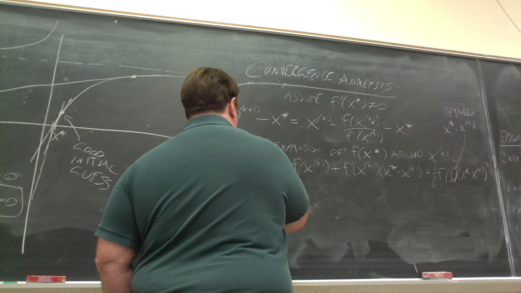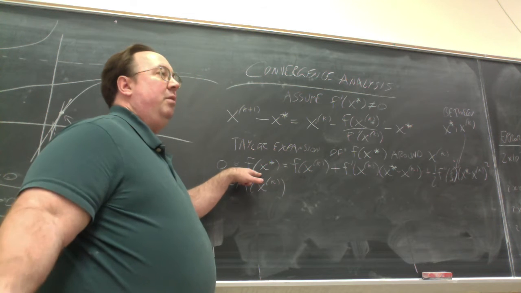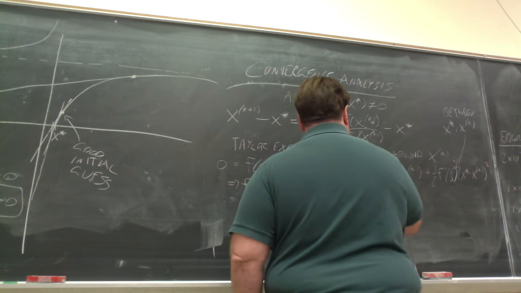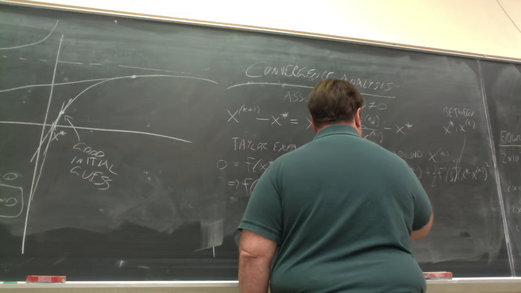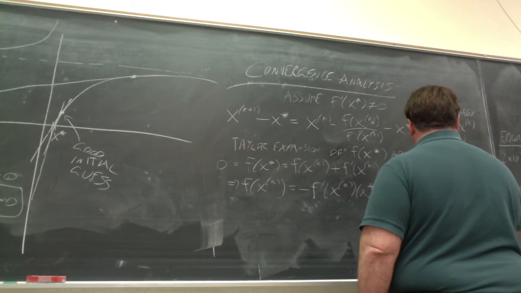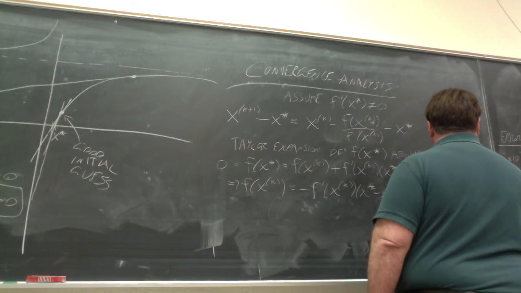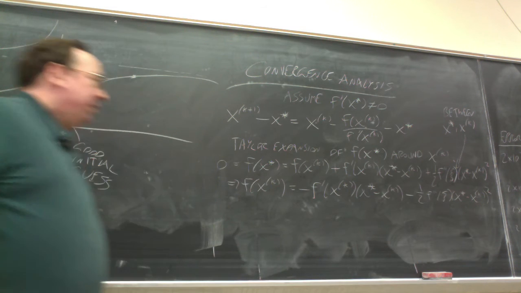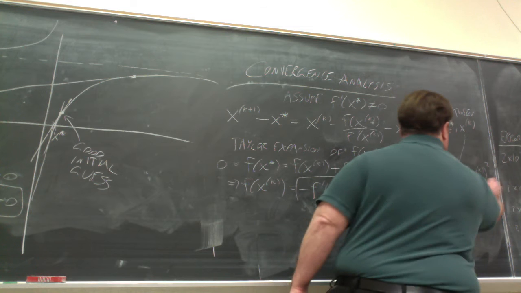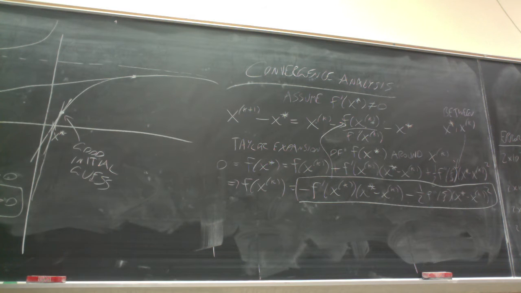If I just rearrange this, f of x_k is equal to this, which is 0, and then minus f prime times all this other stuff, minus the second derivative term. Now I will take this whole thing and replace the f of x_k up there with it.